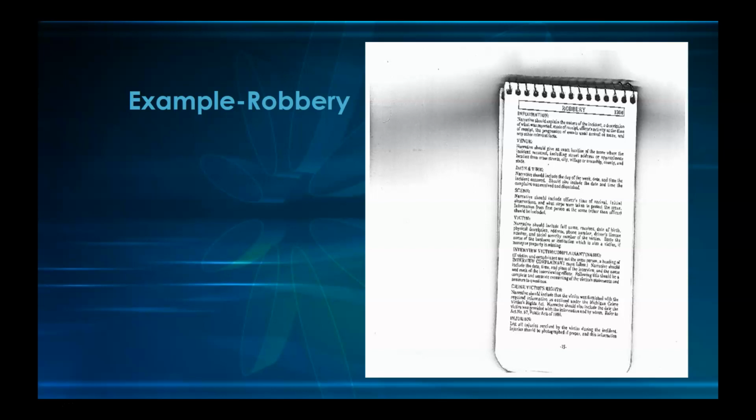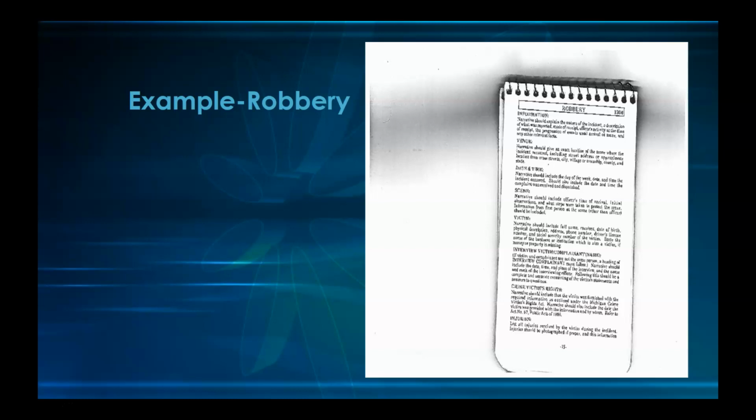So mode of receipt is how did they hear that there was a robbery? So the next subheading would be venue. And under venue, it says narrative should give an exact location of the scene where the incident occurred, including street address or approximate location from cross streets, city, village or township, county, and state. So all that has to be listed under venue.